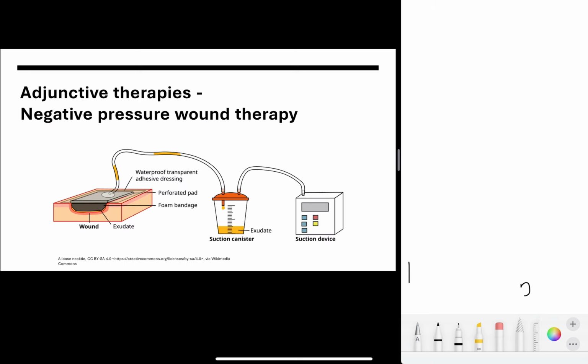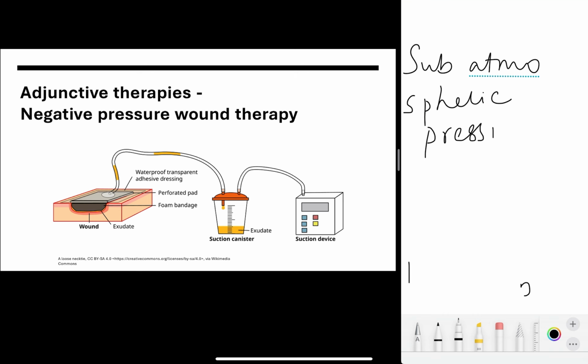Next, coming to adjunct therapy, negative pressure wound therapy. Negative pressure wound therapy involves the application of subatmospheric pressure to a wound covered with a foam dressing.